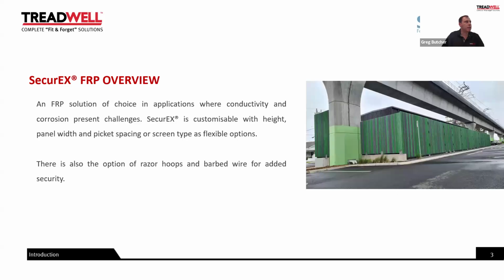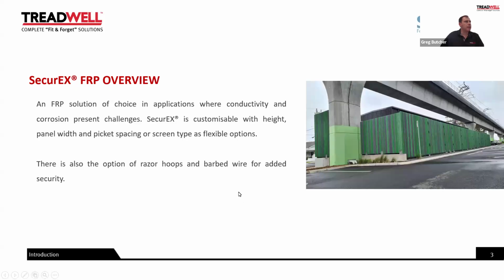So that might be in areas where there's stray current or electrification concerns or earthing and bonding or corrosion. So it might be proximity to coast or high-salinity areas and so on.